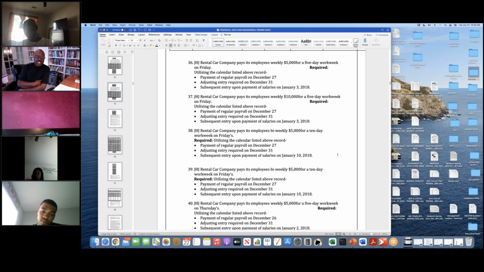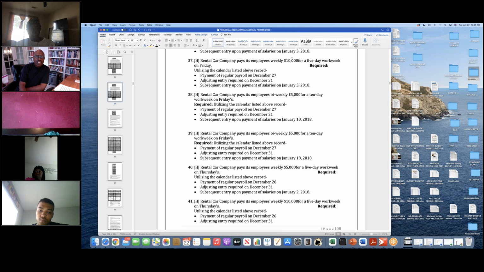So let's look at 36. Does everybody have the same thing for 36? JHJ Rental Car Company pays its employees $5,000. No, ours is 10,000 for a 5-day work week. So everybody has 10,000 for a 5-day work week?